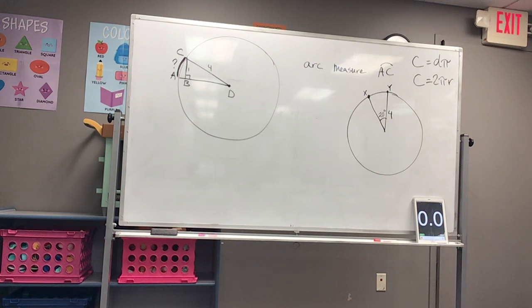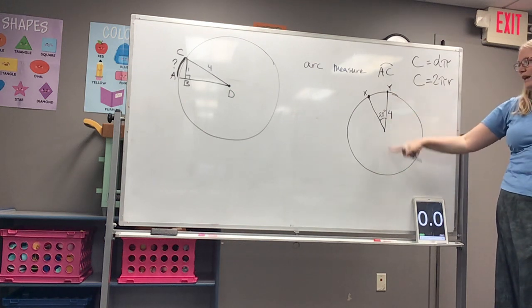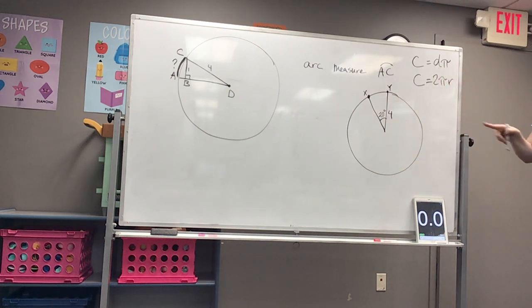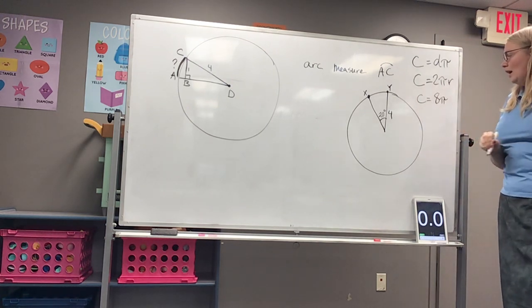As long as you're comfortable with either one of those, they can work. Our radius is going to be 4, so our diameter would be 8, giving 8 pi, or you could do 2 times 4 pi. Either way, you end up with 8 pi. So our circumference is 8 pi.